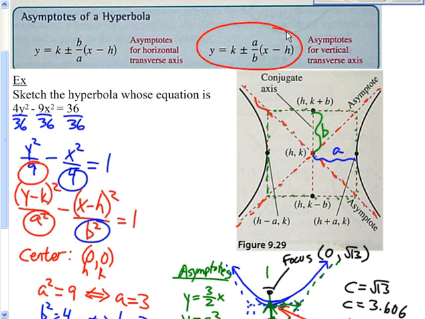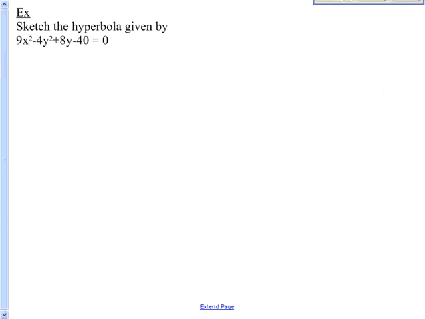Plus minus, and it looks kind of screwy there, I know, because they're considering h, k, but our h, k is 0, 0. So you notice the plus minus a over b x there. So there's the slant asymptote equation when your transverse axis is vertical. Transverse axis is between your vertices. Okay, let's do another one.